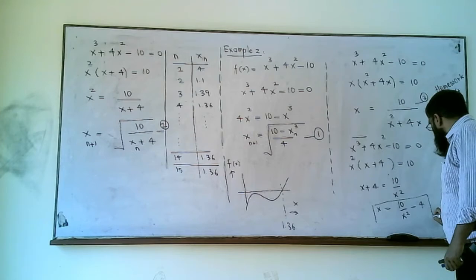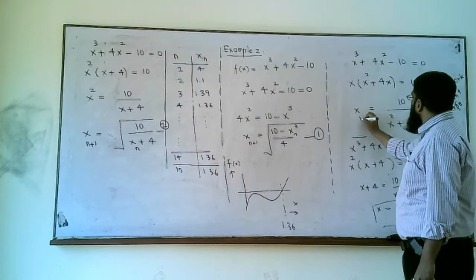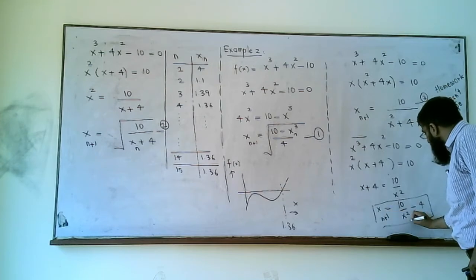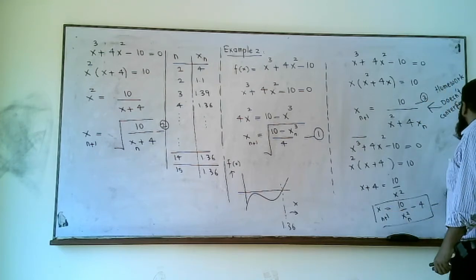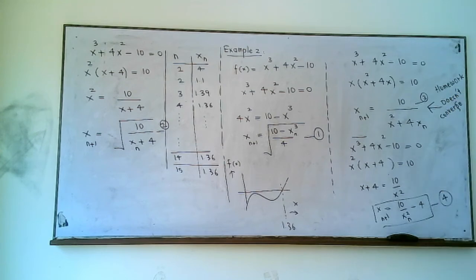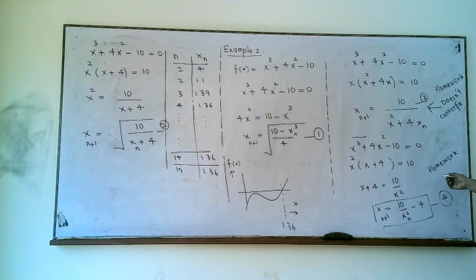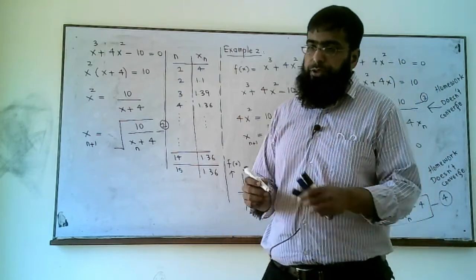So this is one other solution. We can write it as x n plus 1 is 10 over x n squared minus 4. This is your homework to modify this Python code for this solution, and you'll iterate through it for 15 iterations, and you'll find that even this doesn't converge no matter what your starting point is. Irrespective of starting point, you'll find it not converging.